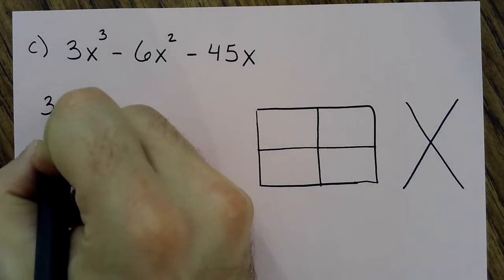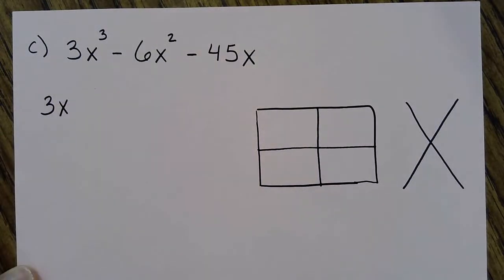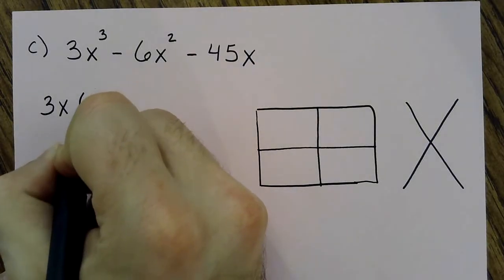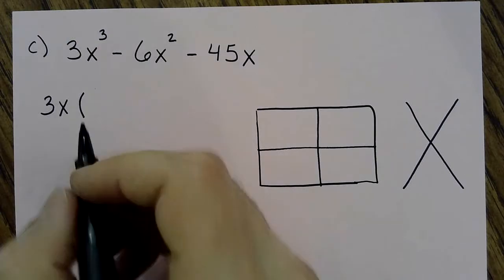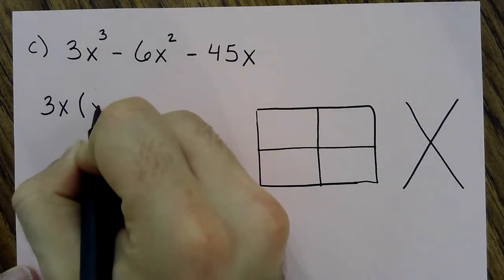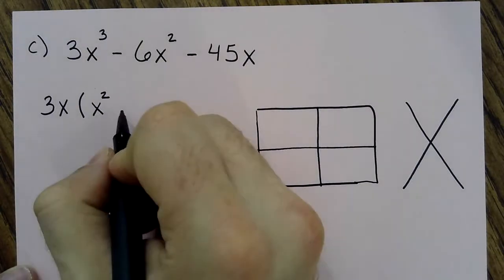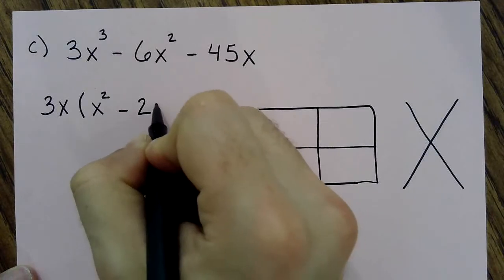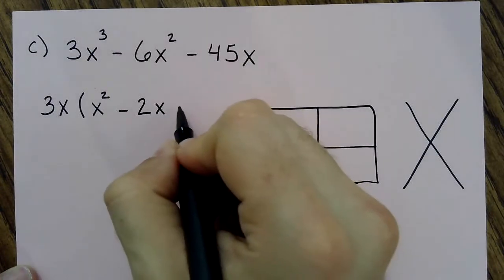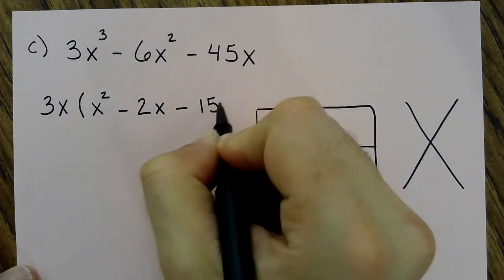So we can also factor out an x along with our 3. In doing so, our remaining expression in our parentheses would be x squared, because 3x times x squared gives us 3x cubed, minus 2x, minus 15.